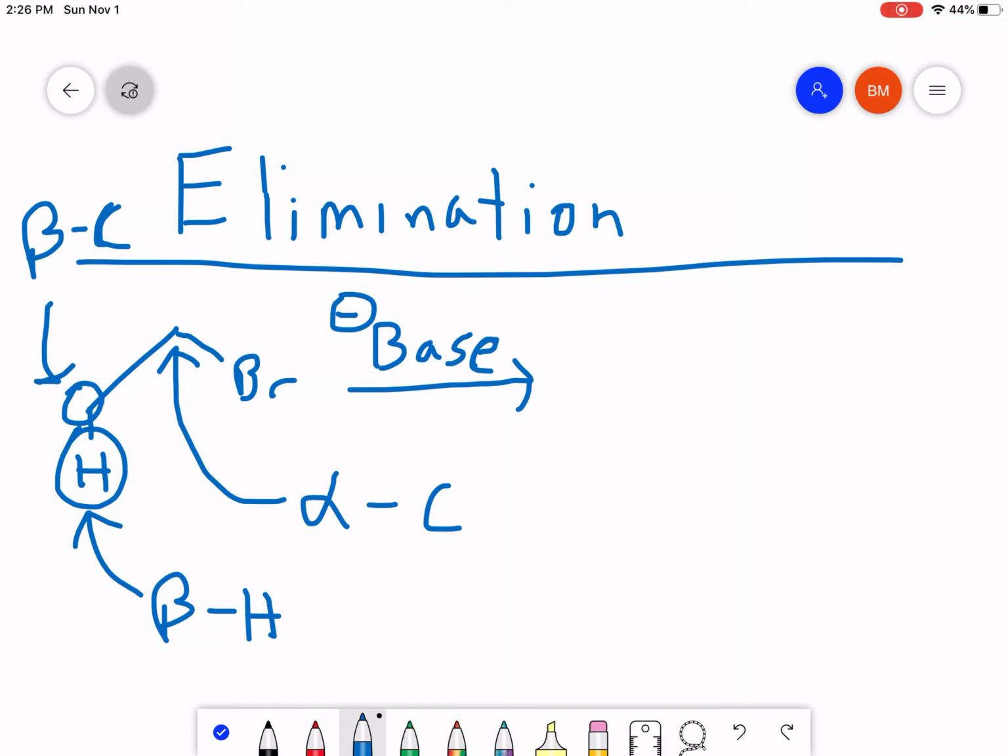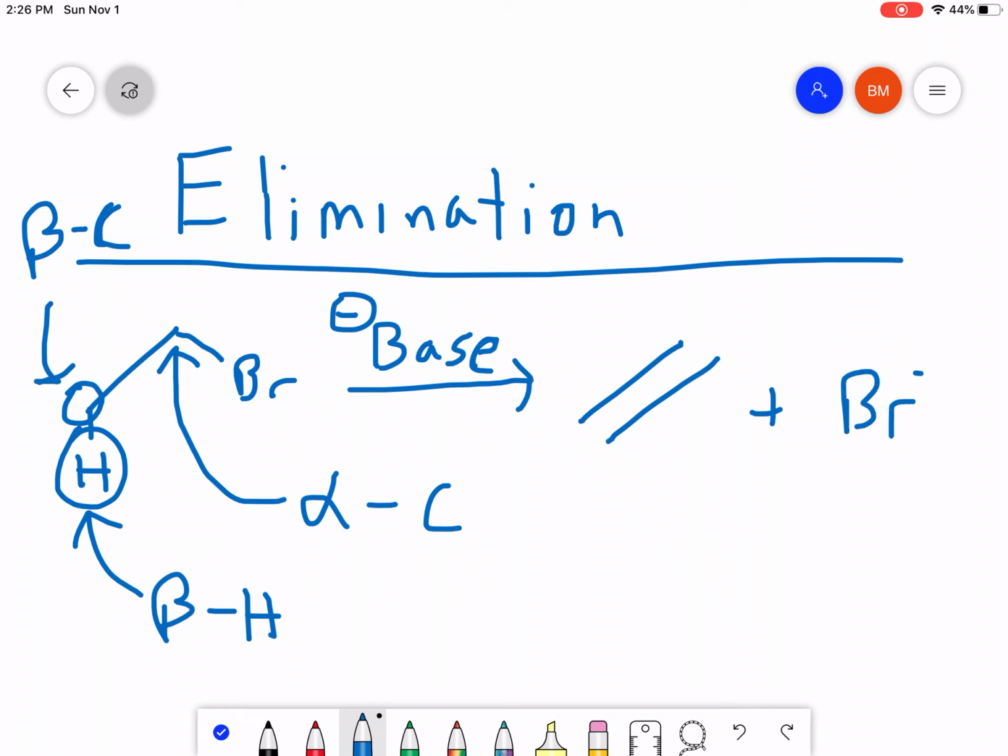So basically what happens in an elimination is that you're going to eliminate or lose the halide. The halide is going to act as a leaving group just like it did in the previous chapter. And we're also going to lose a beta hydrogen. In the process, you end up forming a pi bond between your alpha and your beta carbons.